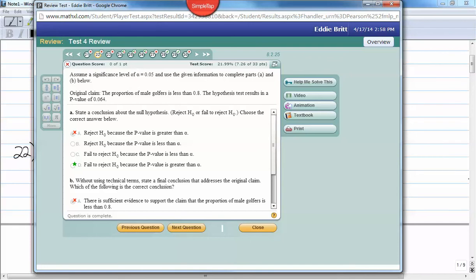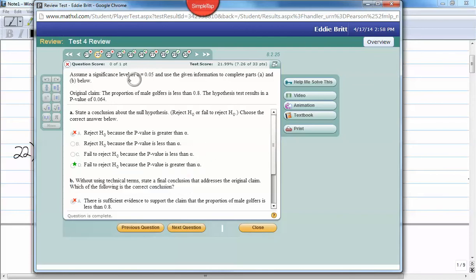Those are my two options. 0.064 is larger than 0.05. So I will fail to reject my null hypothesis because this p-value is greater than your significance level. All right? Right here, fail to reject H sub O because the p-value is greater than the significance level.